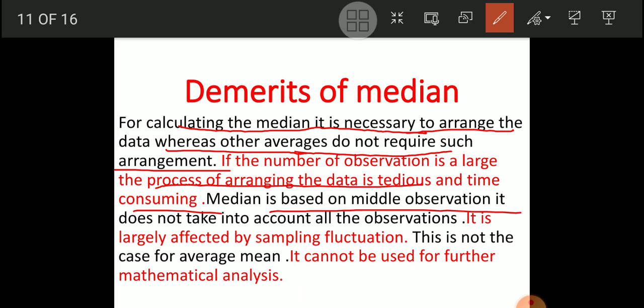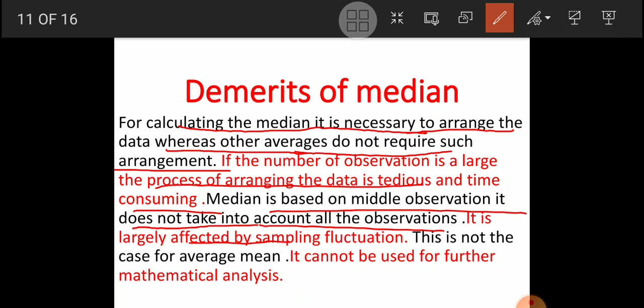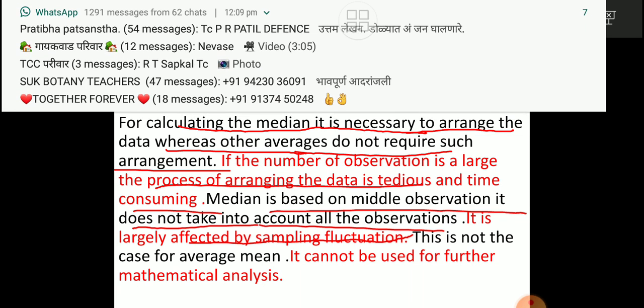The median is based on the middle observation. It does not take into account all the observations; all the observations are not considered here. It is largely affected by sampling fluctuations, so definitely the median value gets affected.